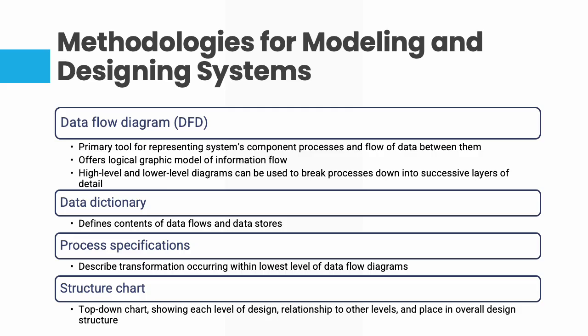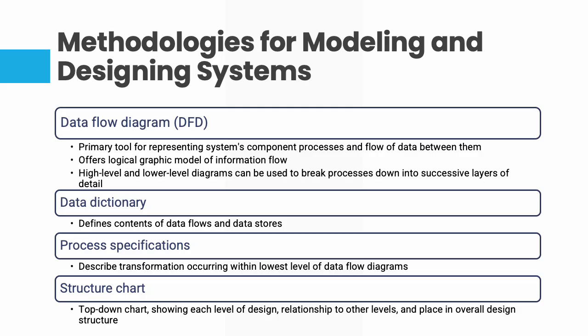It will help us to see clearly where data comes from, where it goes, and how it gets transformed along the way. We can start with a simple high-level diagram and then break it down into more detailed lower-level diagrams.